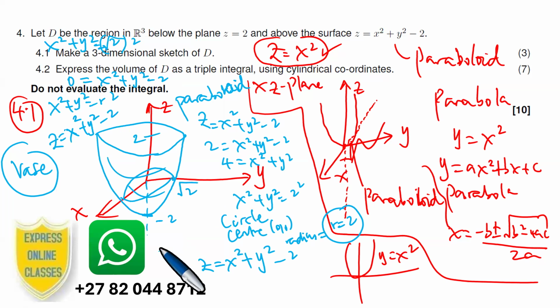And then we proceed to the next question. In the next question, we can express the volume of D as a triple integral using cylindrical coordinates. Let's look at that one.